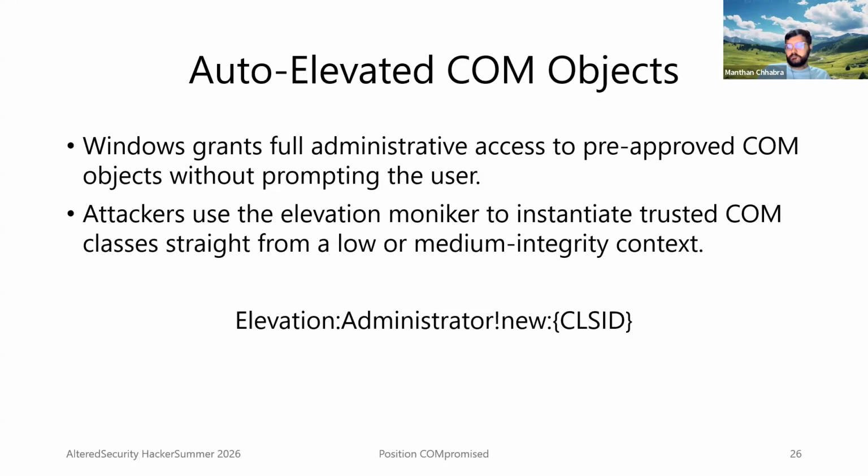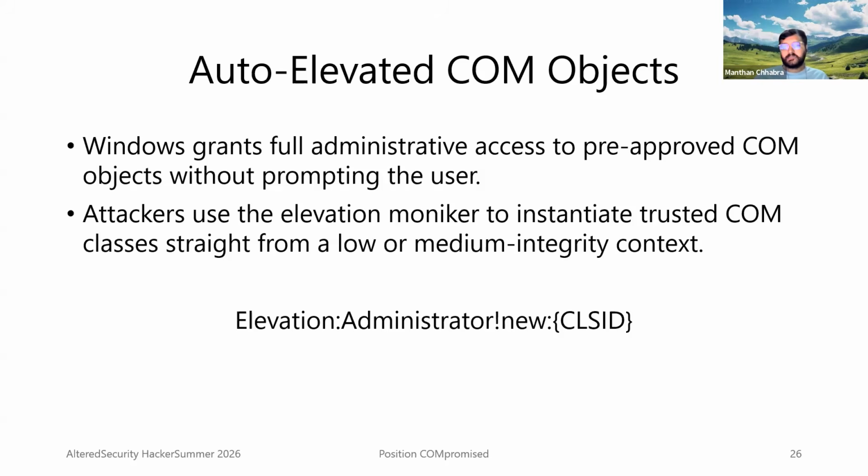Now, we discussed that there is one requirement: auto approval needs to be enabled, right? Now, to abuse this, the attackers actually use something called an elevation moniker, right? To instantiate a higher integrity COM object, right?